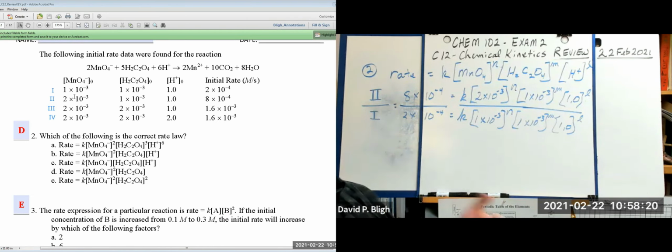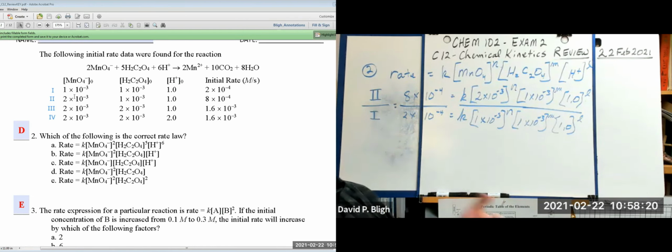They don't change, so the constants cancel. This term cancels, they're identical. This term cancels, they're identical. So what do we get? We get 2 times 10 to the minus 3 to the n power divided by 1 times 10 to the minus 3 to the n power.